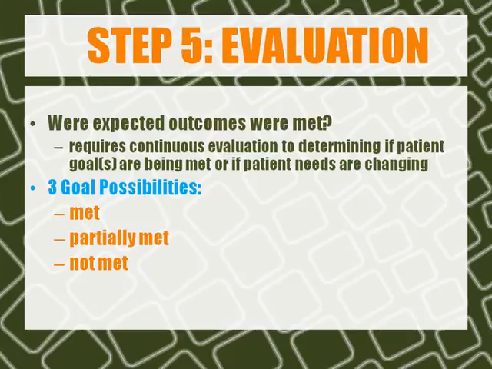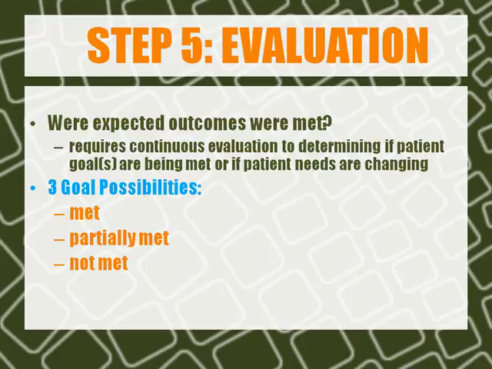The last step in the nursing process is the evaluation. This is where we look and see if those expected outcomes were met. This does require continuous evaluation, so it's not a one-time evaluation. We always evaluate the patients. It's an ongoing process. And we could have 3 possibilities. We could meet our goals, we could partially meet our goals, or our goals may not have been met, and that's okay. For example, our lady we've been working with, the left hip fracture.